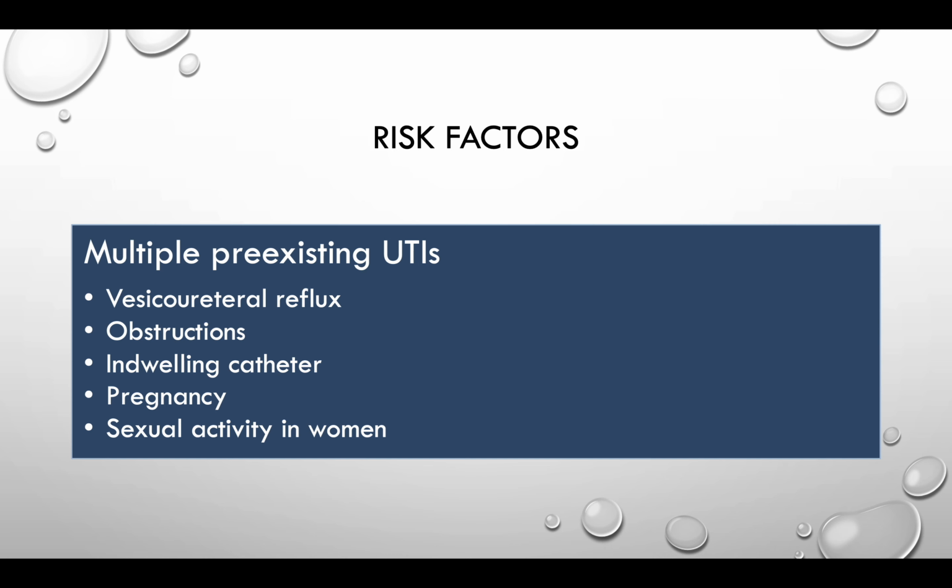Pregnancy is a risk factor for pyelo. Kidney stones is a risk factor for pyelo, especially if it obstructs the ureter as it goes down into the bladder. All of that can kind of back up. So our risk factors are pretty similar to what we saw with lower urinary tract infections or cystitis.